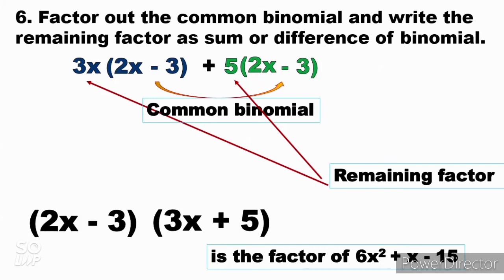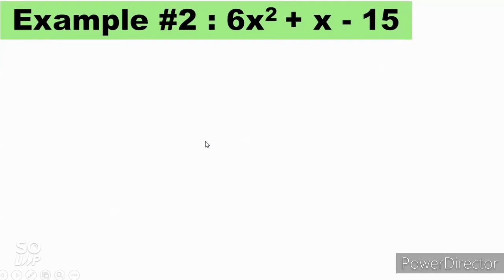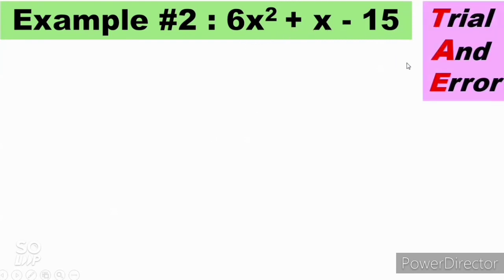Now using the given trinomials, i-factor naman natin gamit ang trial and error method. Again, ang factor ng 6x squared plus x minus 15 since quadratic ay dalawang binomial. Gagawa tayo agad ng dalawang open and close parentheses.